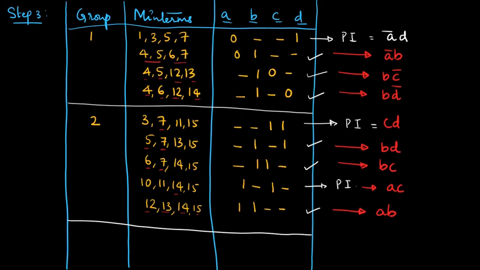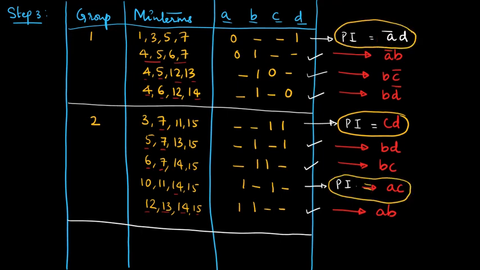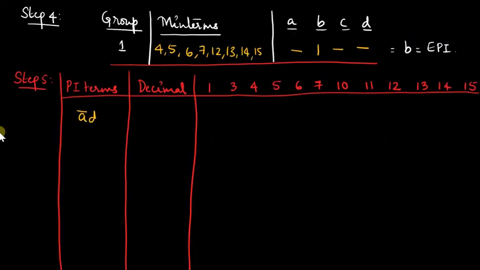The last group, group 4, gives me the essential prime implicant corresponding to B.